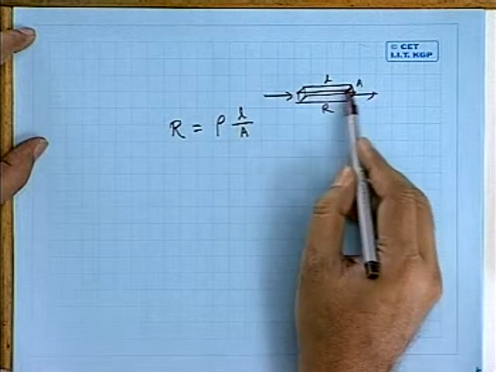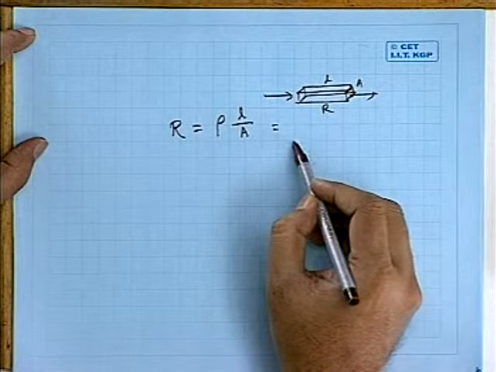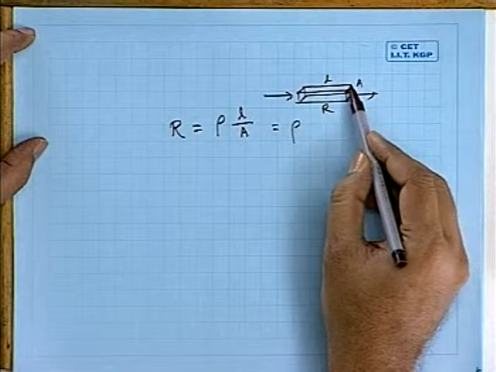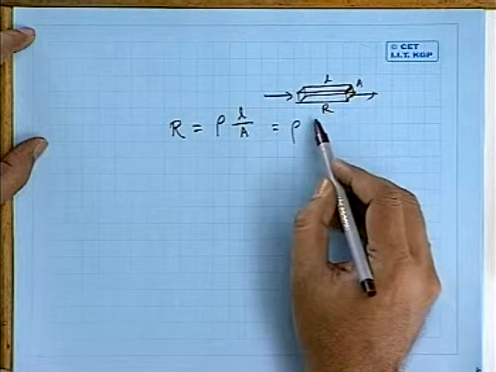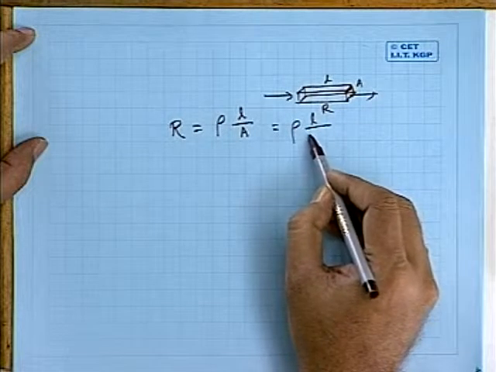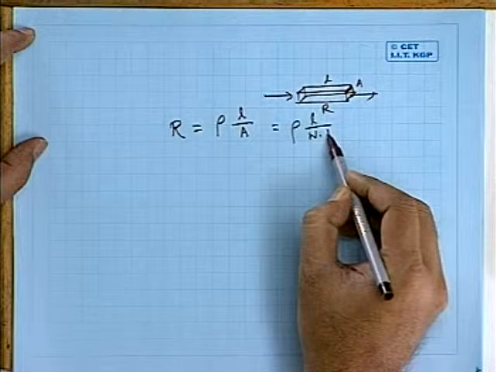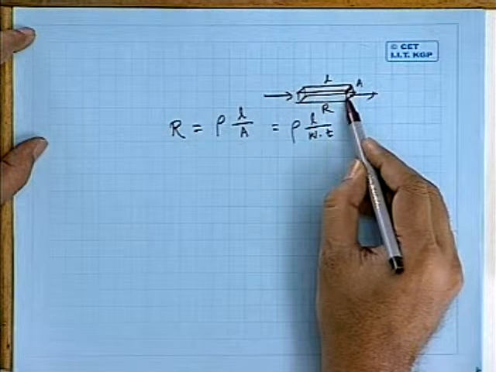L is the length and A is the cross sectional area. And what is the cross sectional area? It is width into thickness, isn't it? That means R is equal to rho into L divided by width W into thickness T. Thickness means the height I am telling. Okay.